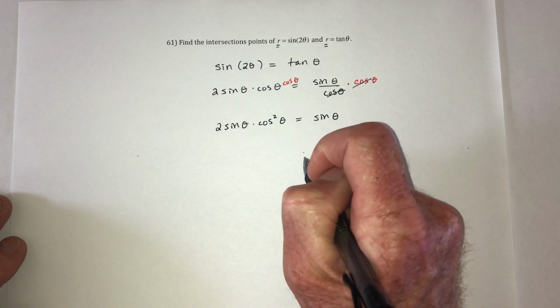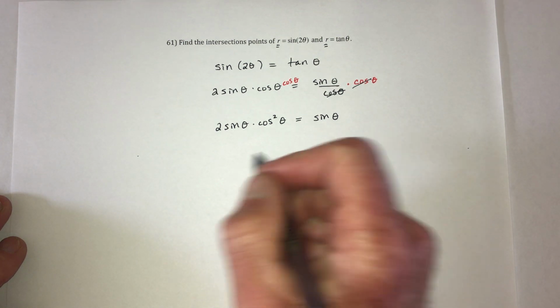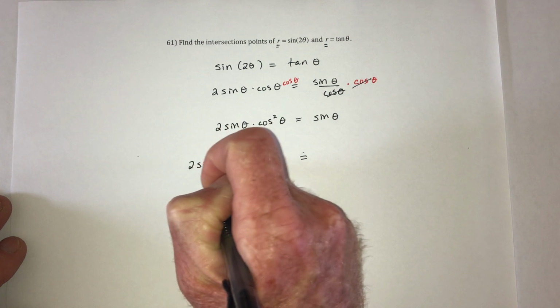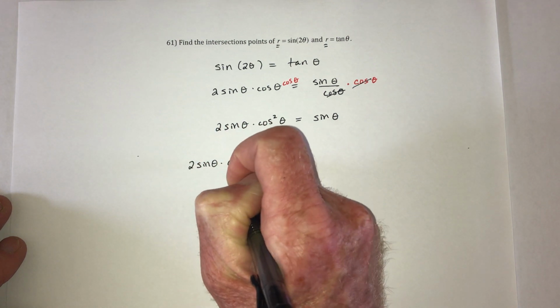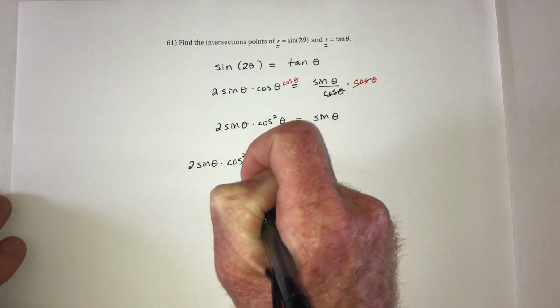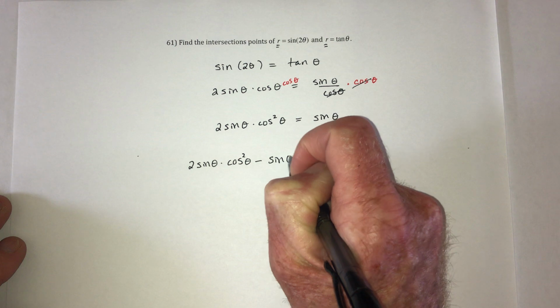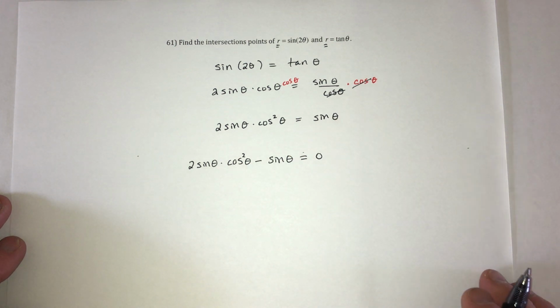Now set it equal to 0 by subtracting sine of theta from both sides. So it already had 2 sine of theta times cosine squared, and then subtract sine of theta from both sides, and now it's set equal to 0.